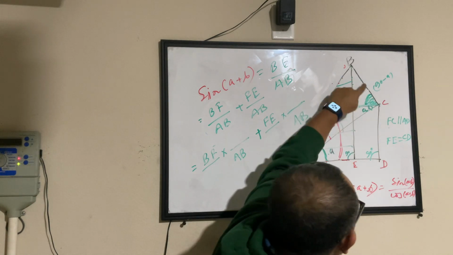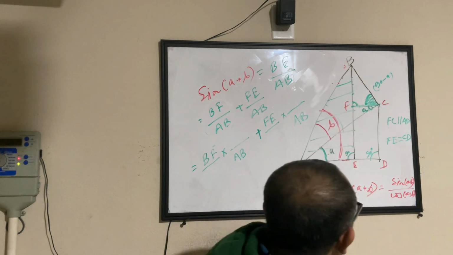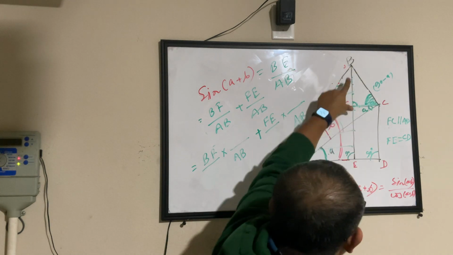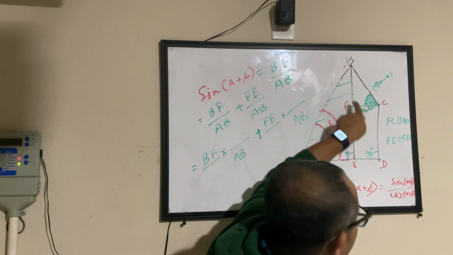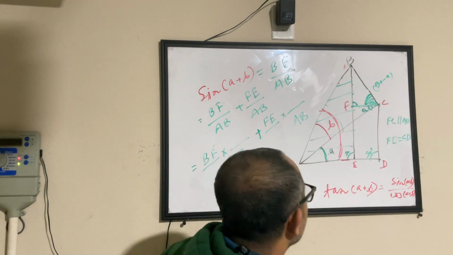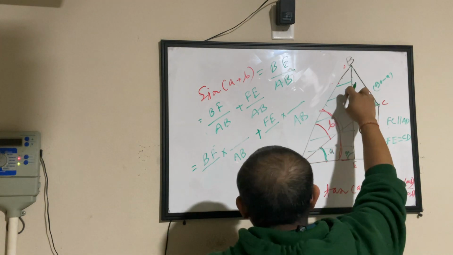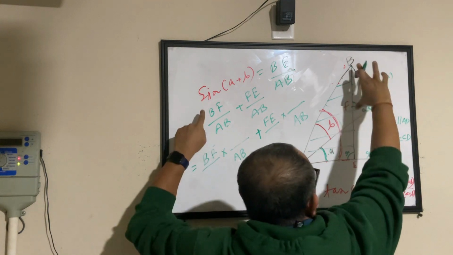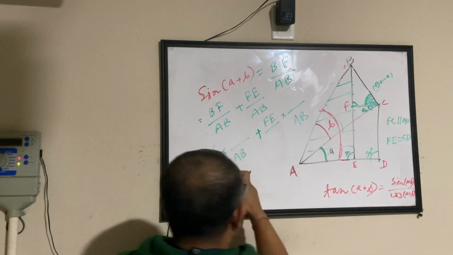So now in this right angle triangle, I know this is my angle, this is my side, and this is my hypotenuse. I'm trying to bring this into the picture so that I can use SOHCAHTOA somewhere here. Now my angle is this, this is my side, which is nothing but BF, and this is my hypotenuse. But this hypotenuse is not in the equation.